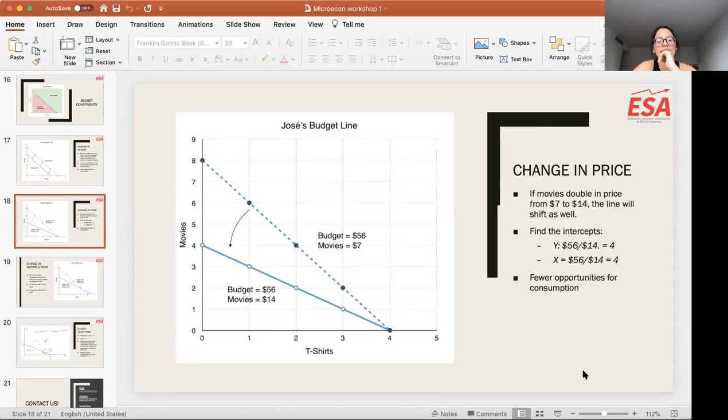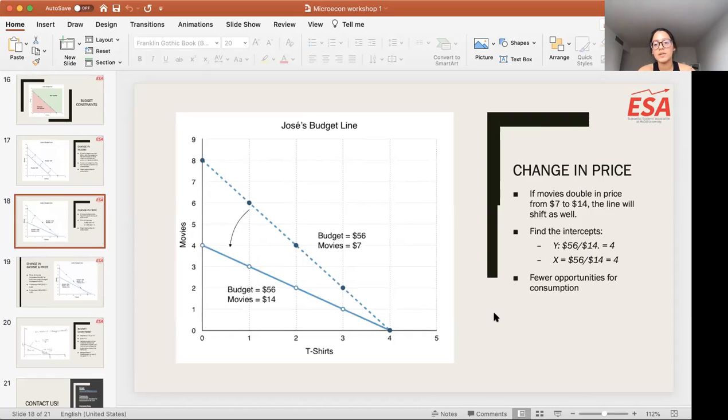The next part is a change in price. This is when only the price of one good changes. In this case, only the price of movies is changing. We're going to go with the same example because it's easy to follow along.